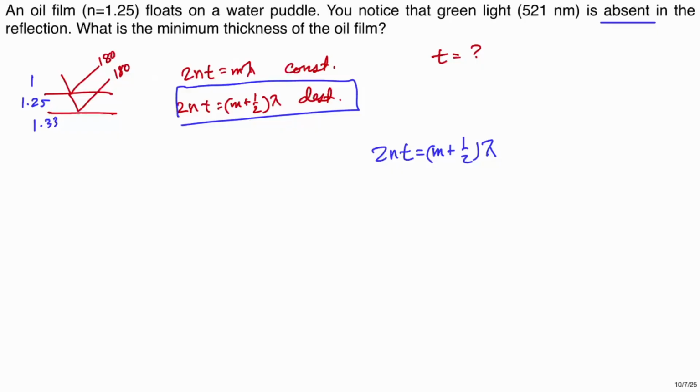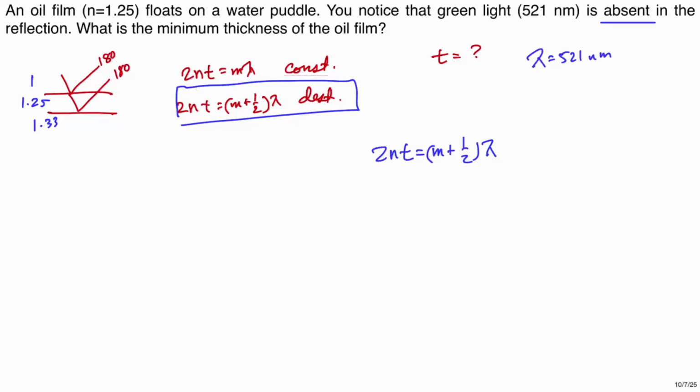Do we know the lambda? Did they give us the wavelength? Yep. 521 nanometers. So I have my index. I know what 2 is. Oh, m. As in Mike. What am I going to pick for m? What could it be? 0, 1, 2, 3, 4, 5, right?